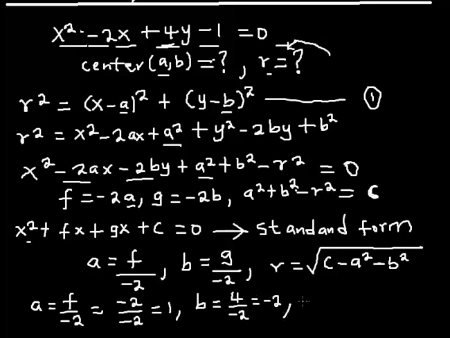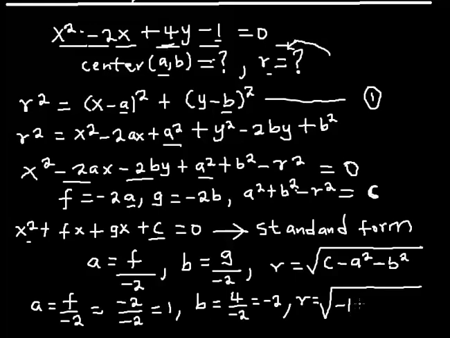Then the last but not the least, the constant value. Please pardon me. This is because c, the constant value in this particular expression, is minus 1. So that's going to be minus 1.